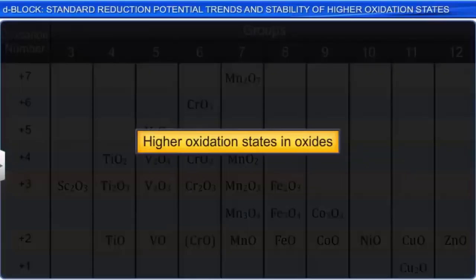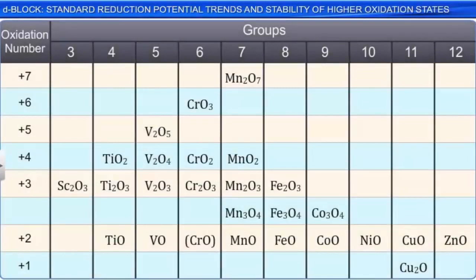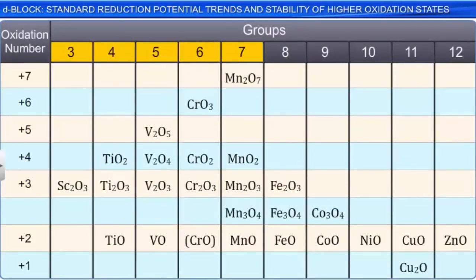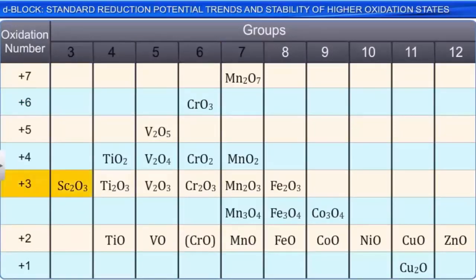Now let's look at the higher oxidation states in oxides. The table here lists the oxides of the 3d series of elements. The highest oxidation number in an oxide coincides with the group number and is attained from scandium-3 oxide to manganese-7 oxide.